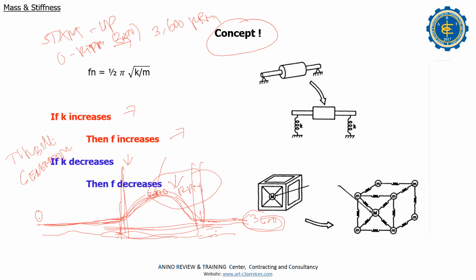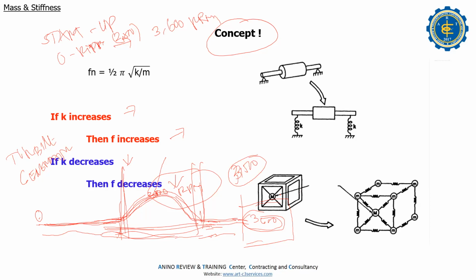In a big machine, if your critical speed is near the operating speed, that's critical. For example, if your critical speed is 3,500, that's bad. You must tell the management that our critical speed is near our normal operating speed, meaning our vibration is always very high.